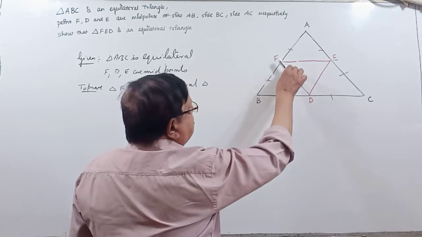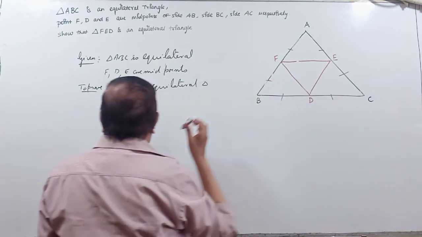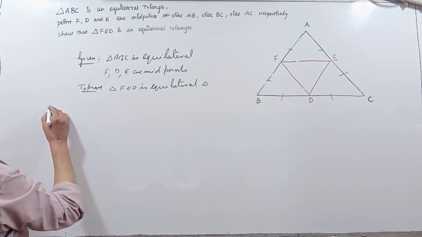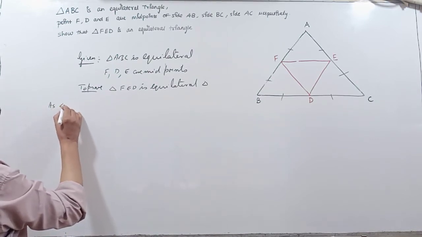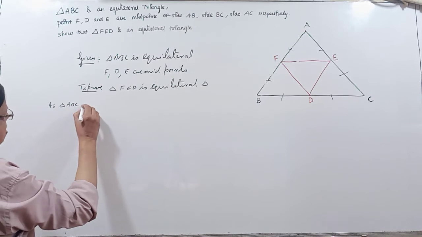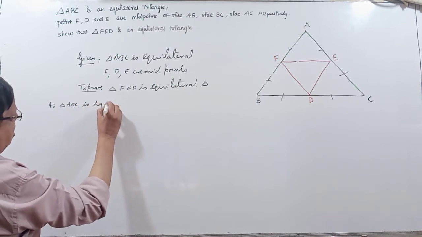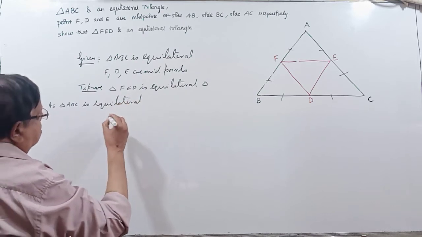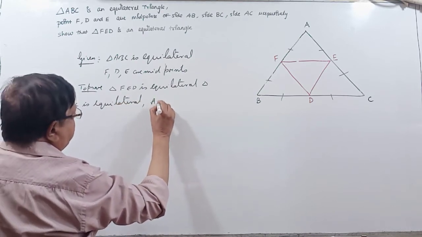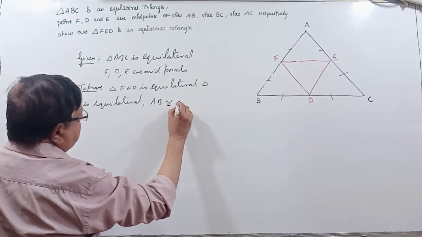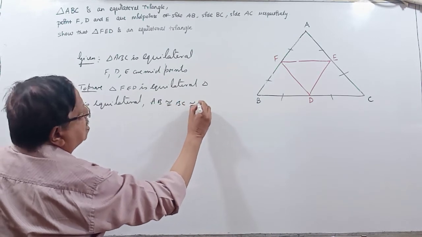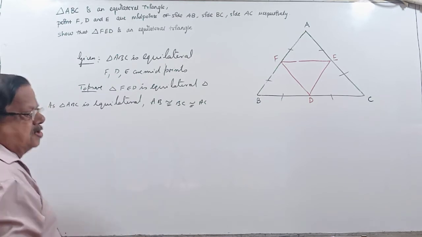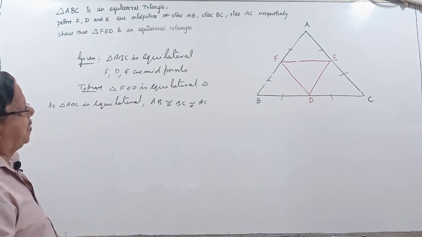We have to prove that this is also an equilateral triangle. First we write: as triangle ABC is equilateral, AB is congruent to BC, congruent to AC. For an equilateral triangle, all sides are congruent.